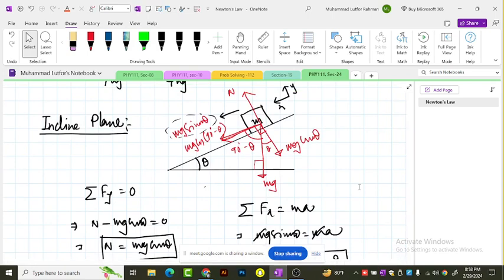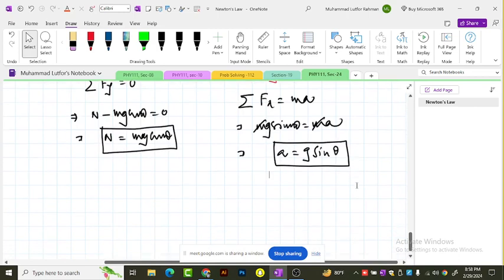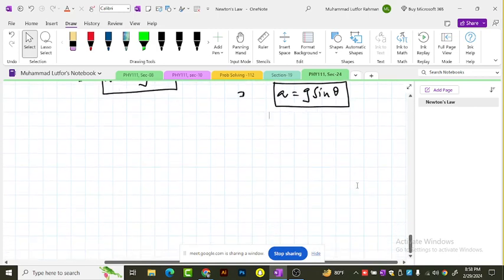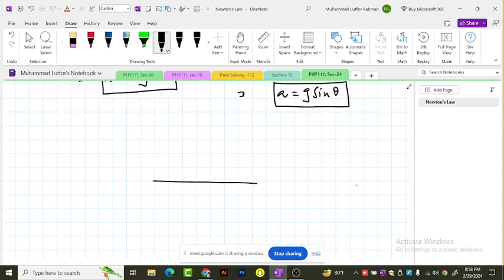Yes, sir. All right, so that's how we can find out this acceleration on an inclined plane. Now, if I know that acceleration, then I'll be able to find out how much distance will be traveled by this block, or what the speed of the block will be after traveling some distance, because we know that from our previous chapter, motion in 1D or 2D, right?